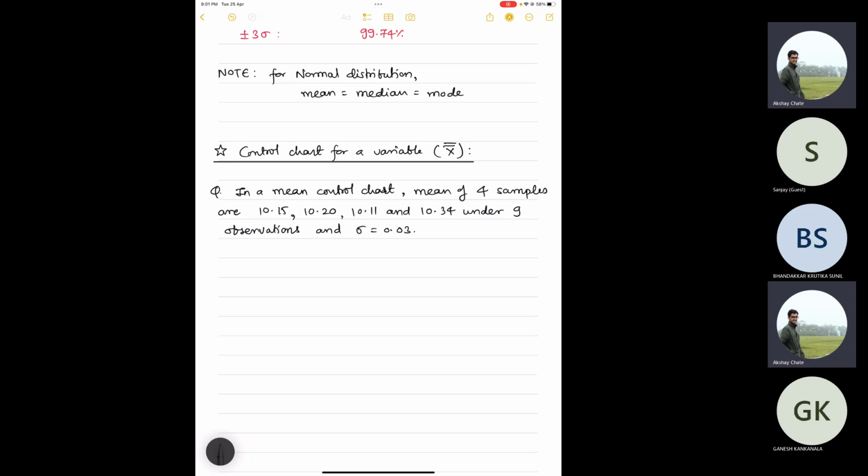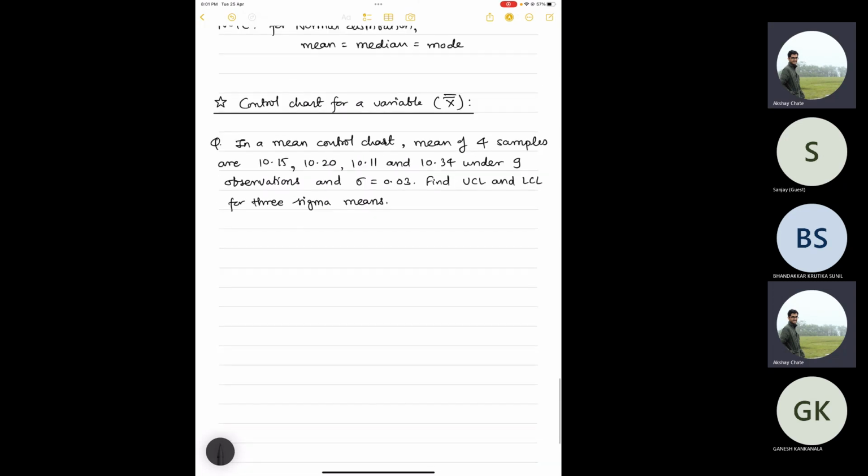Now find UCL and LCL for 3 sigma means. So this is a typical question that is asked from this type of topic.